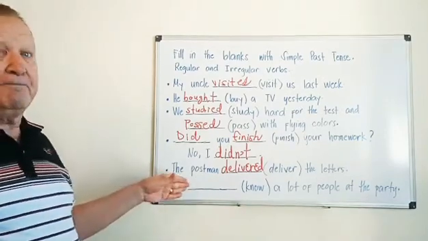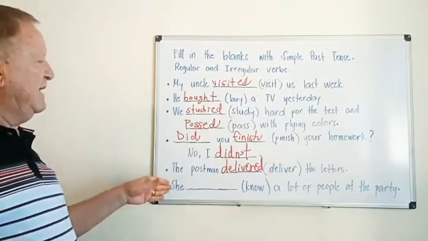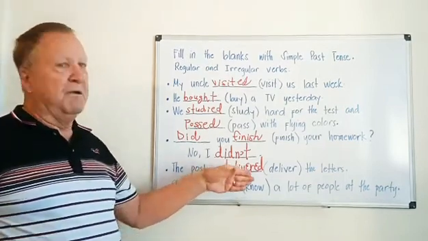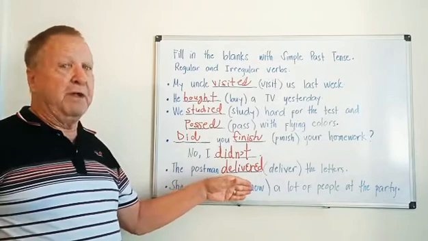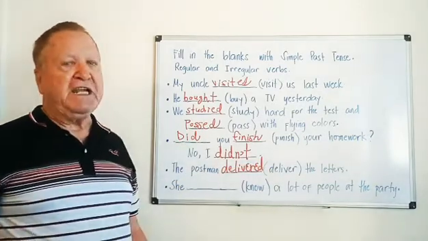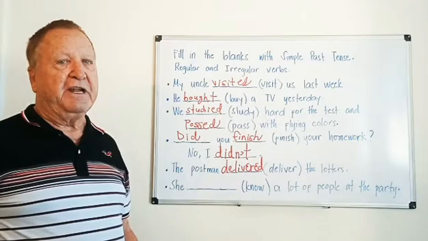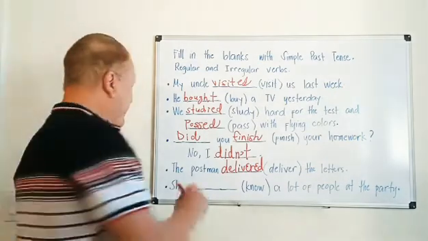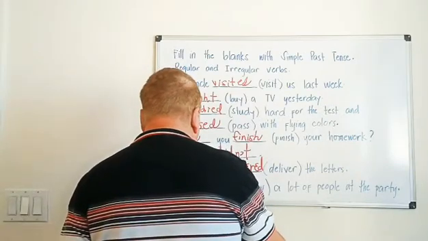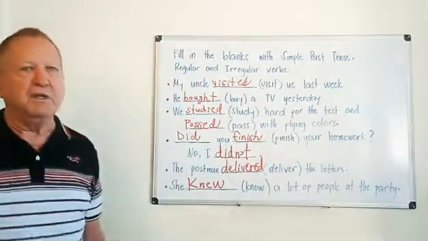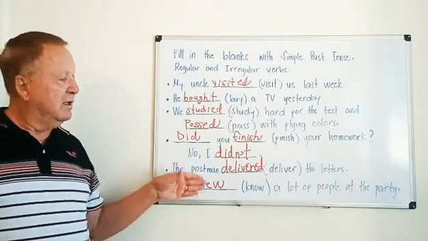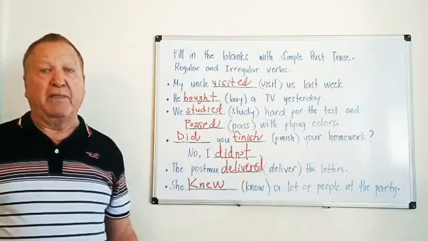The next one, she, blank, know, K-N-O-W, a lot of people at the party. That's an irregular verb. The past tense of know is knew. She knew a lot of people at the party.